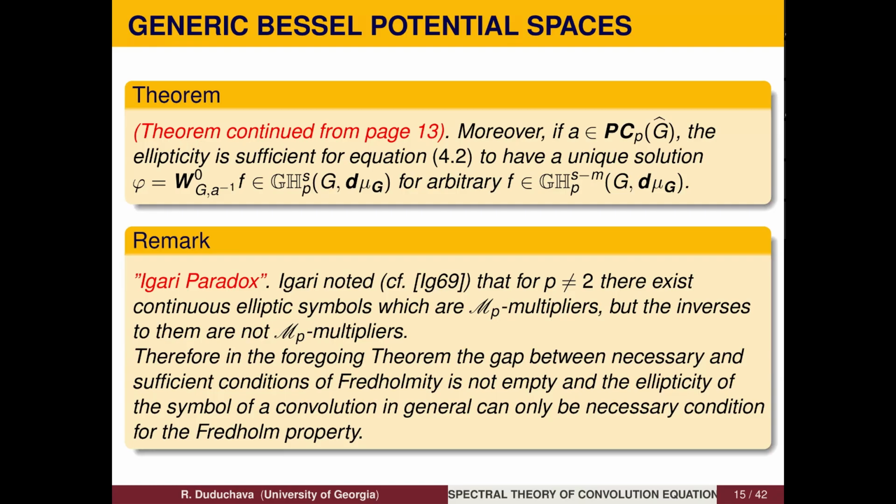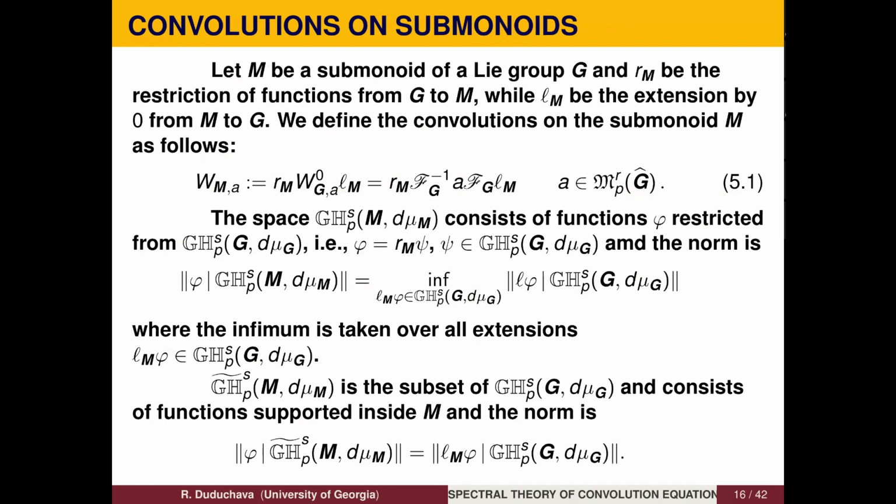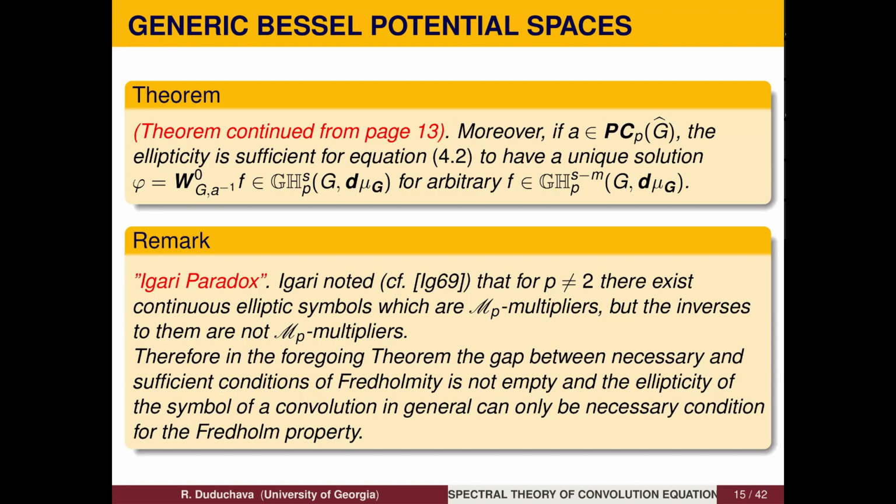But there is some gap between necessary and sufficient condition, and that has the motivation, because I call it the Igari paradox. Igari is a Japanese mathematician.